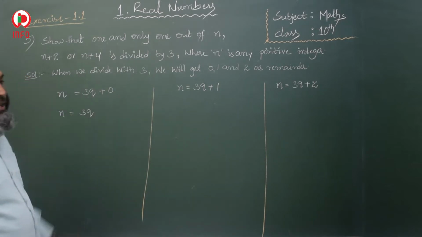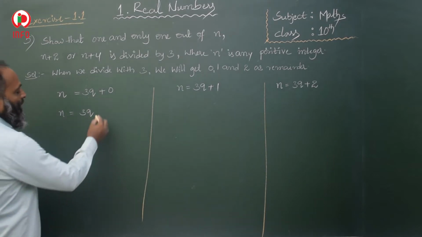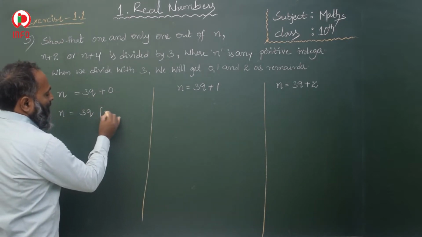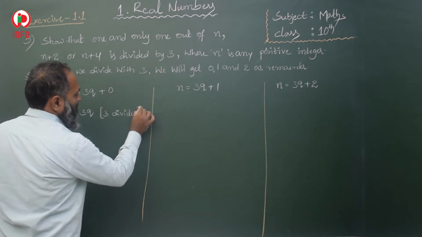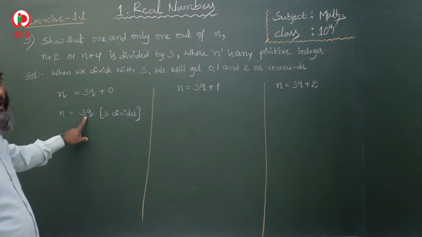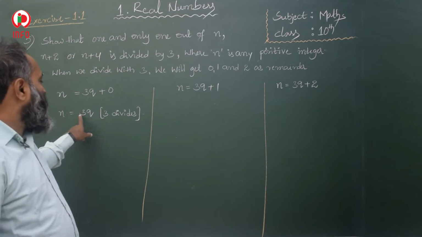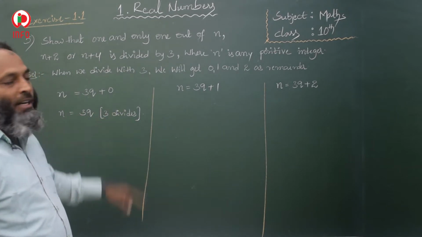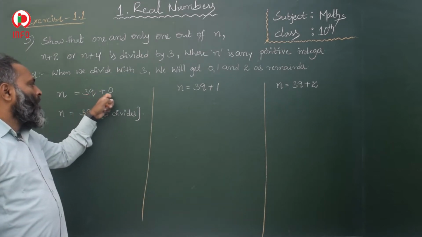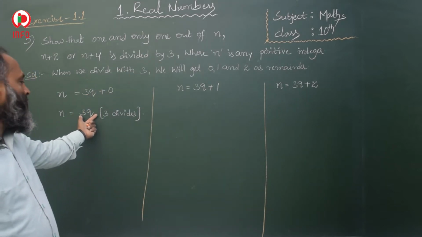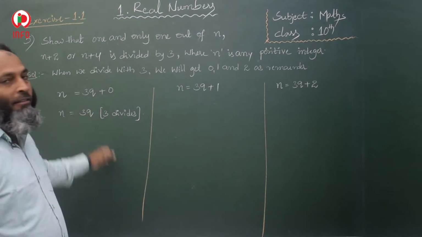Here the remainder is 0, which means 3 divides n. So 3 into q, 3q plus 0 means this is a multiple of 3. Whenever a multiple of 3 is there, that means 3 divides.